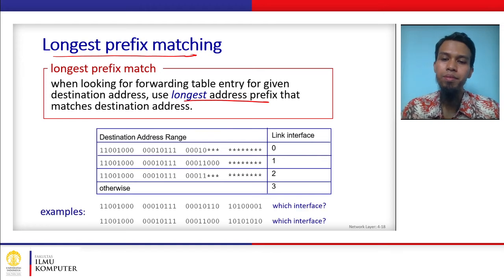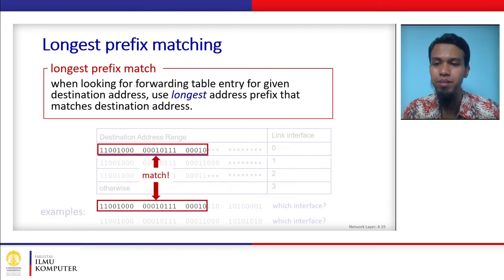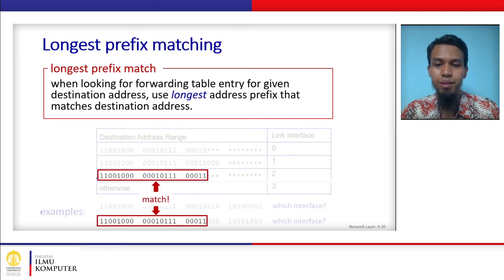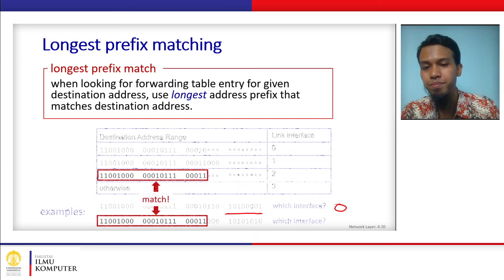Now if we receive an incoming packet with this destination IP address, we can try to match it. This means the first IP address will be forwarded to interface number 0.